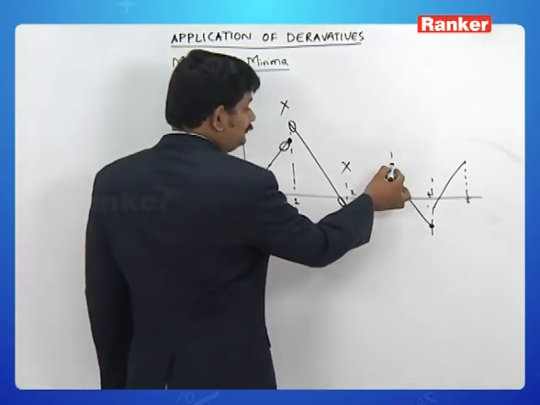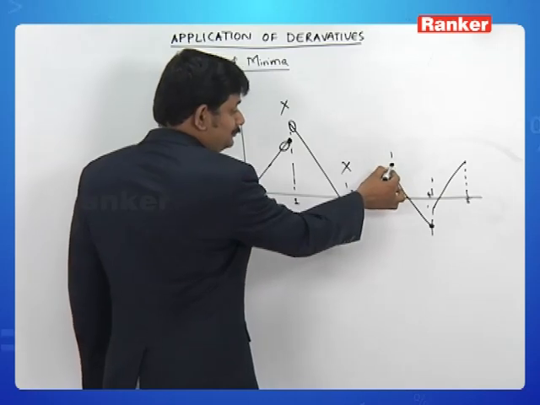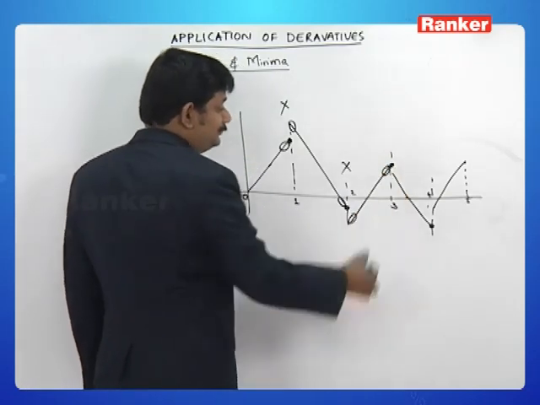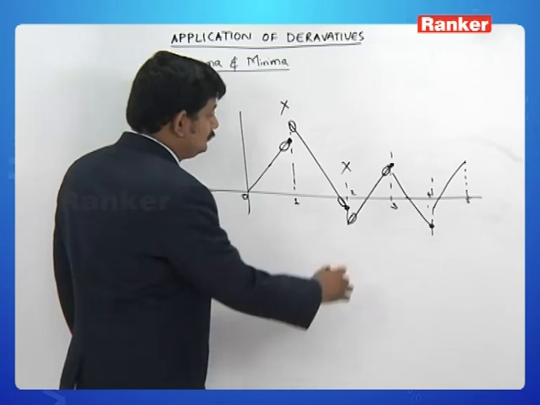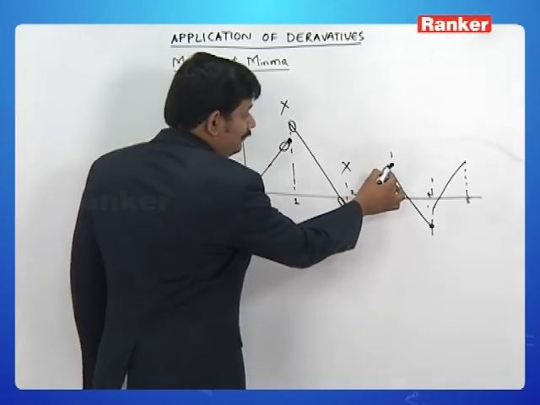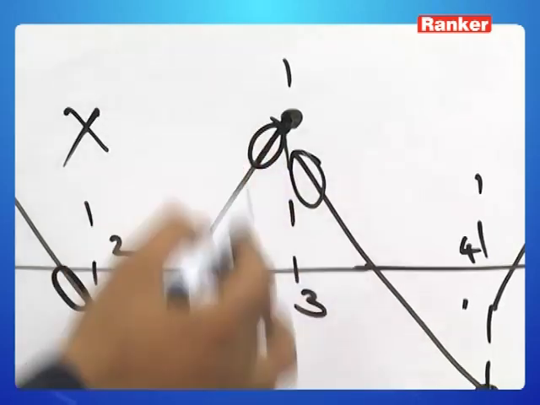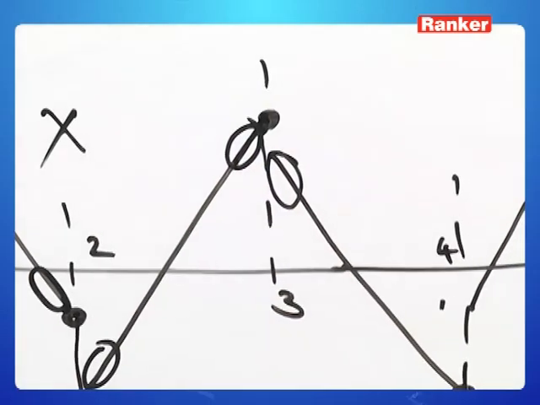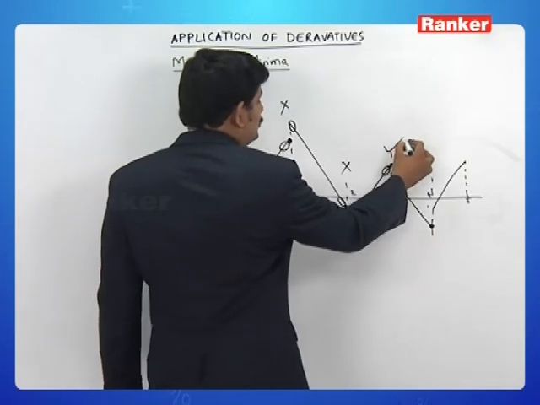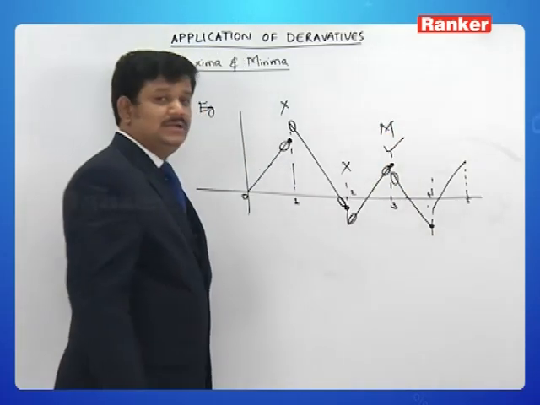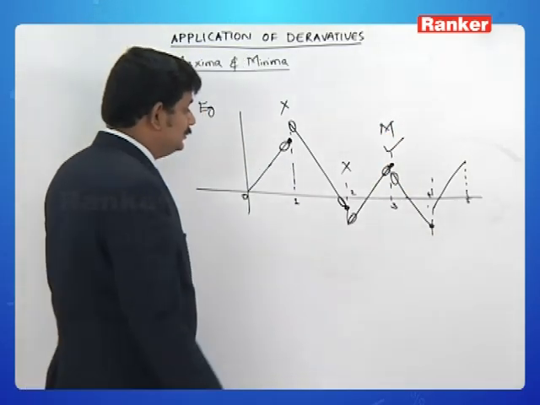At 3, we have points to the left side having y coordinates smaller than f of 3, points to the right side also having y coordinates smaller than f of 3. So this qualifies to be a local maximum. 3 is a point of local maxima.